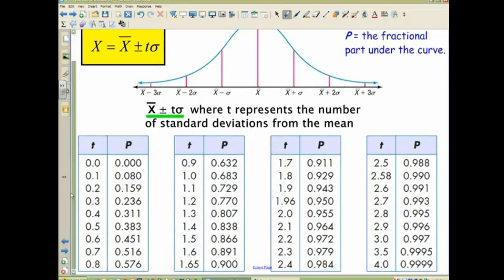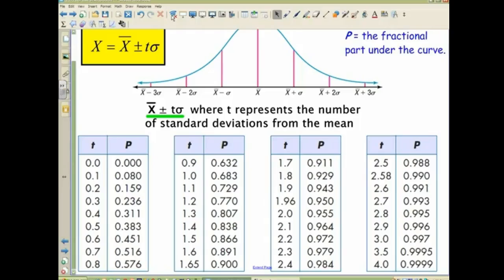And this TP chart represents, this is actually a percent if I move the decimal point, so 8%, 15.9%, and so on. The P is represented in decimal value, and could also represent percent. And then T talks about standard deviations.